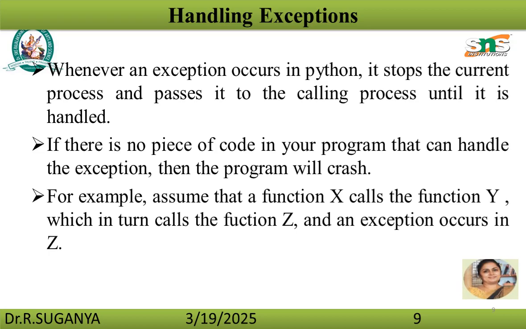Handling exceptions. Whenever an exception occurs in Python, it stops the current process and passes it to the calling process until it is handled. If there is no piece of code in our program that can handle the exception, then the program will crash. For example, assume that a function x calls a function y, which in turn calls a function z, and an exception occurs in z.